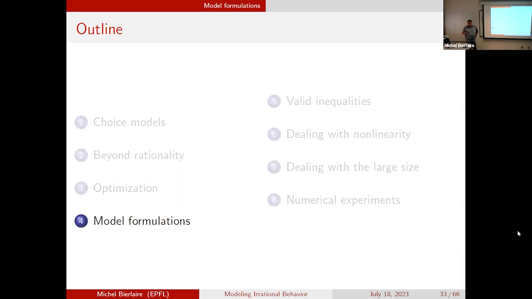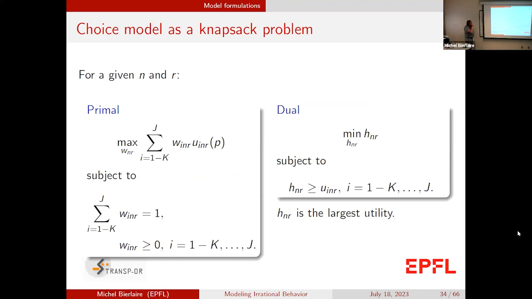Good. So let's try to formulate the model with this context. First, let's look at the decision of individuals. Remember, we are optimizing something. We are maximizing the utility. If you look at utility maximization, it's actually a very simple knapsack problem. I will denote w the decision to purchase or to choose item i by individual n for the draw number r.